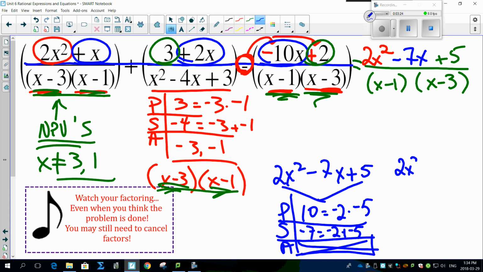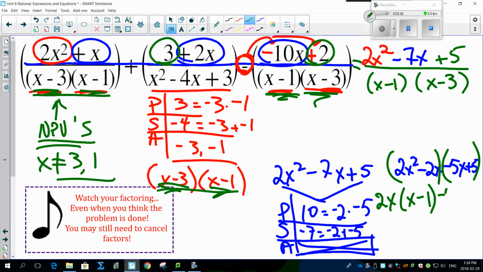So there's 2x squared minus 2x minus 5x plus 5. All right, group it. Take a 2x out, leaving you an x minus 1. Take a minus 5 out, leaving you an x minus 1, leaving you with a 2x minus 5 and an x minus 1.